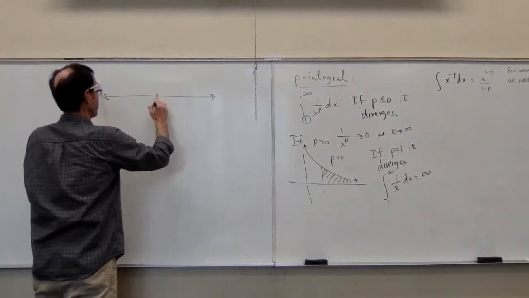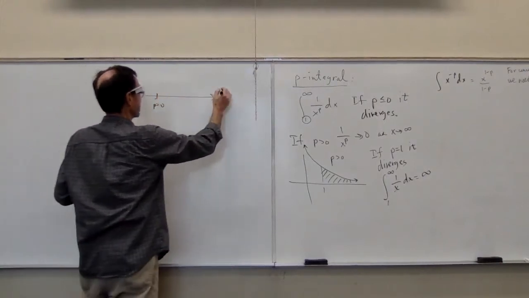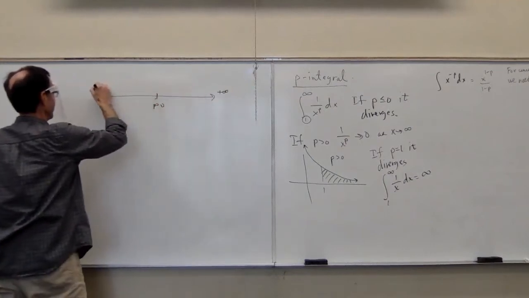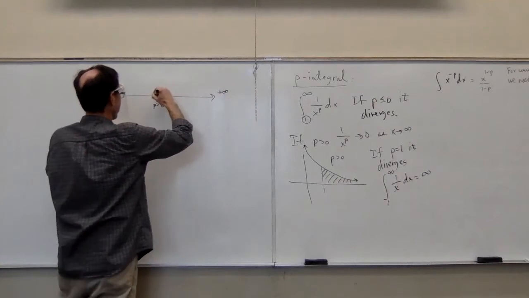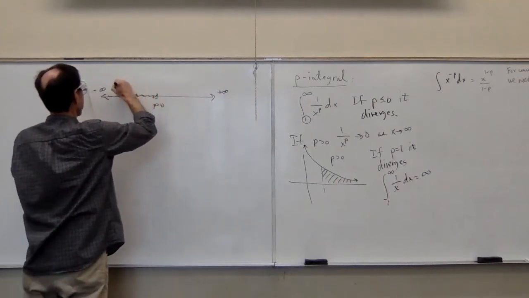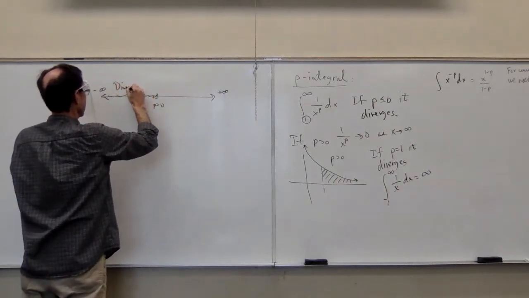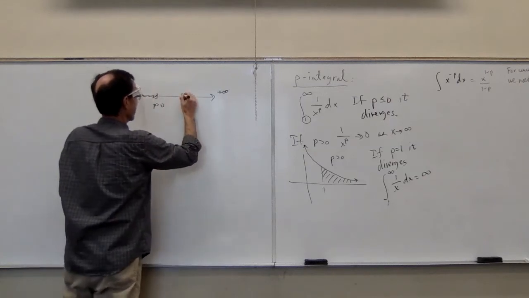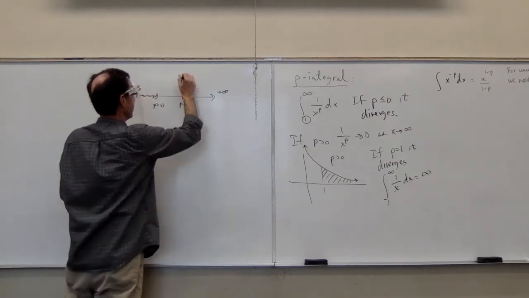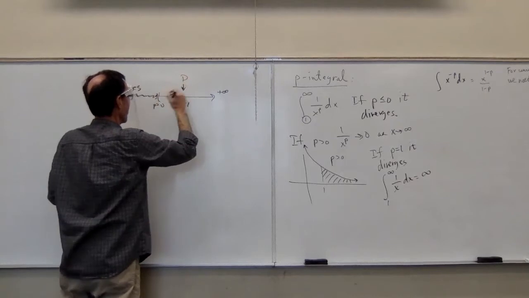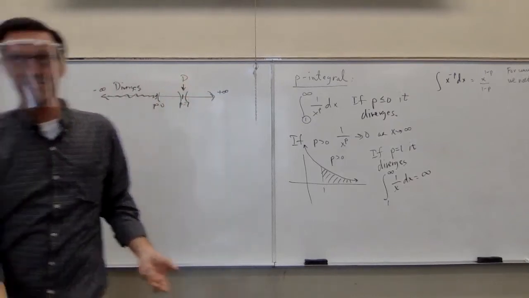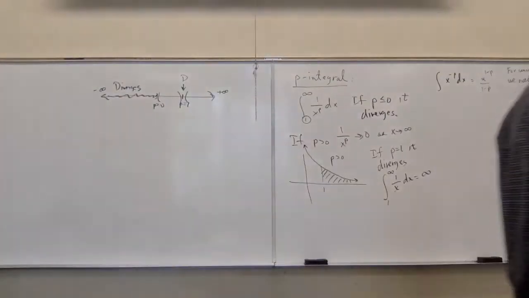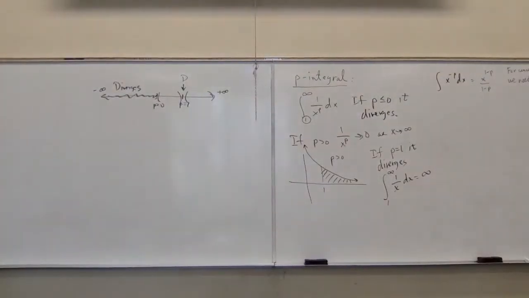Here is p equals 0, and here is plus infinity for p, and here's minus infinity. So over there, I said just because of the nature of the function, we know it diverges there. Then in class, we picked one case and we showed it diverges there, but we haven't really investigated what happens everywhere else. That makes sense. Super good question. I'm sorry I misunderstood it, but thanks for sticking with it.